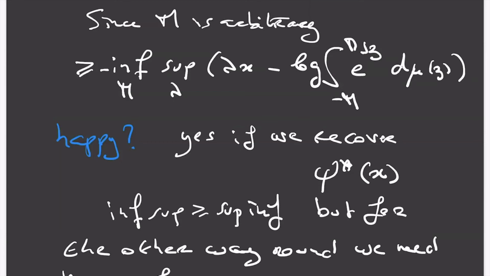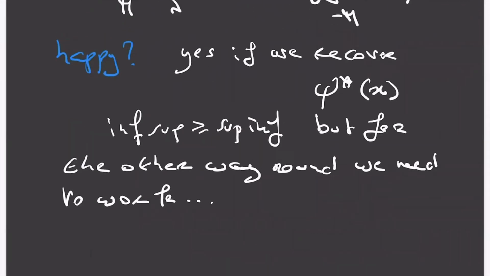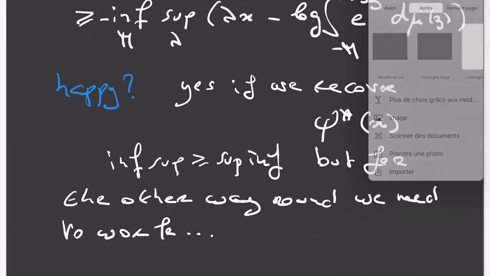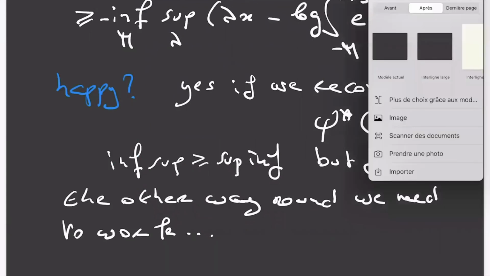So we know that, if we put the minus aside, we have something which is in some sense larger than psi star of x, but we do not know that it is equal to psi star of x. We need an extra argument, and this extra argument is a min-max argument. That is, we have to use compactness.